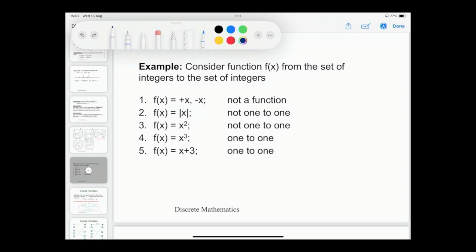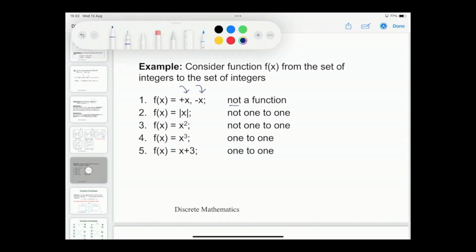This violates the requirement for a function, because f(x) could be only one value for any x. We could not have two possible values for the function. So this is not a function.